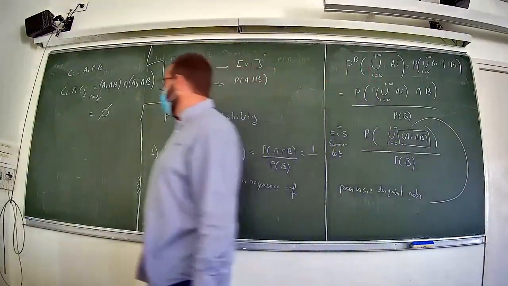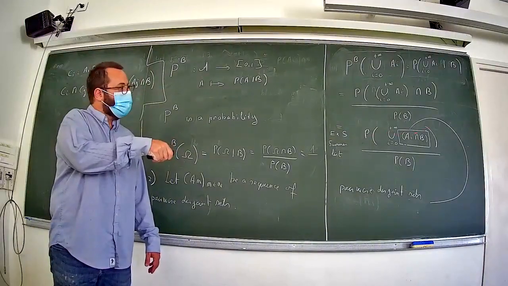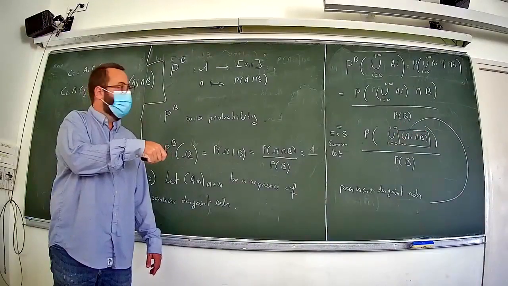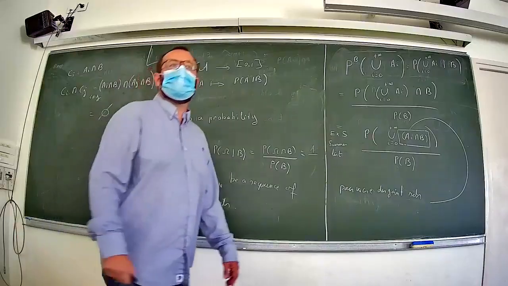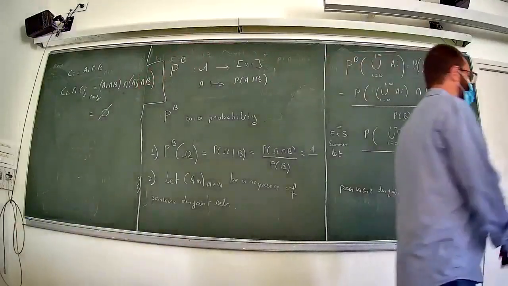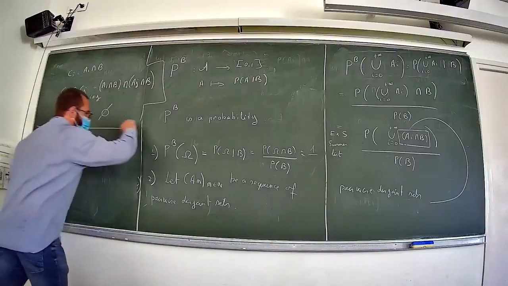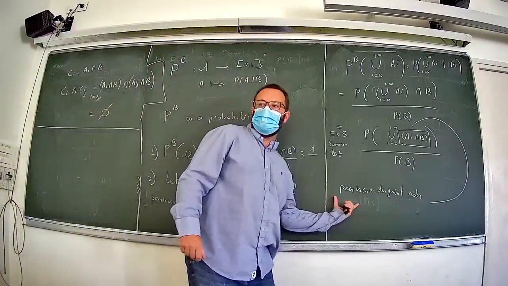It's what interests me, because since I have a sequence of pairwise disjoint sets here, the probability of the union is equal to the sum of the probabilities. Okay? So it was just my little remark to say why they are pairwise disjoint.